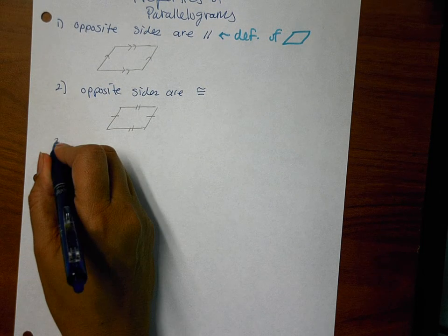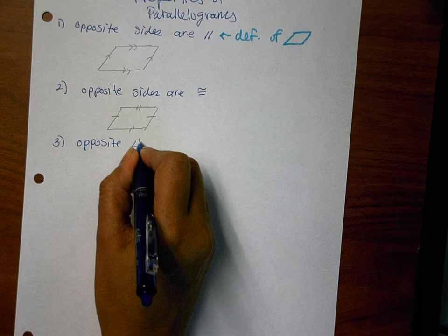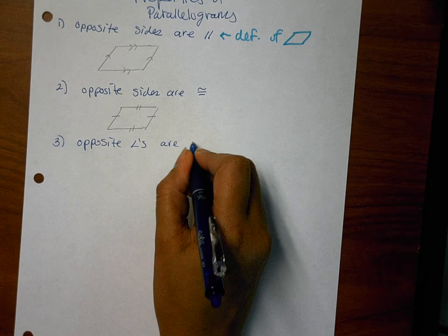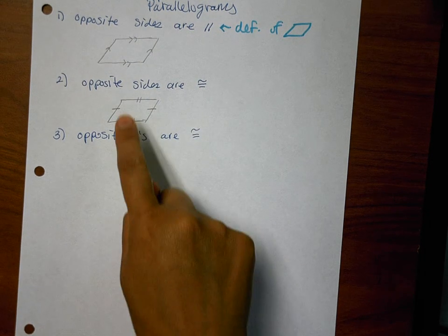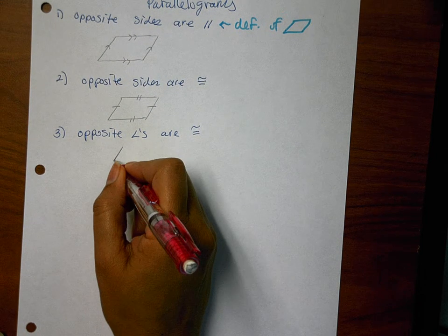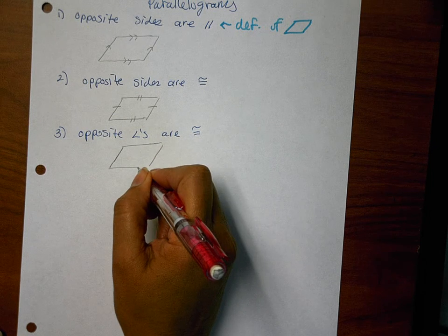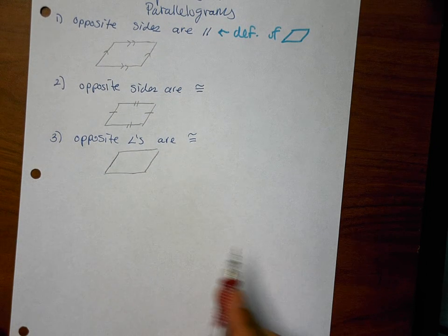Number 3, opposite angles are congruent. So not only the opposite sides, like number 2, but also opposite angles. Opposite angles are diagonal across from each other. They do not share a side.